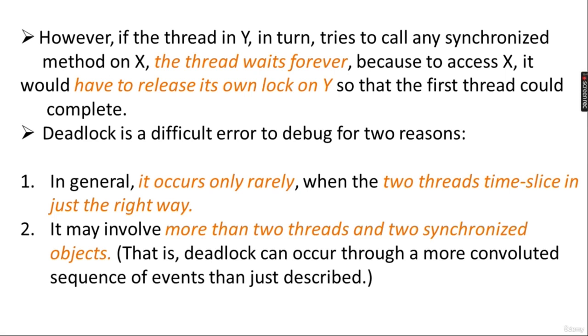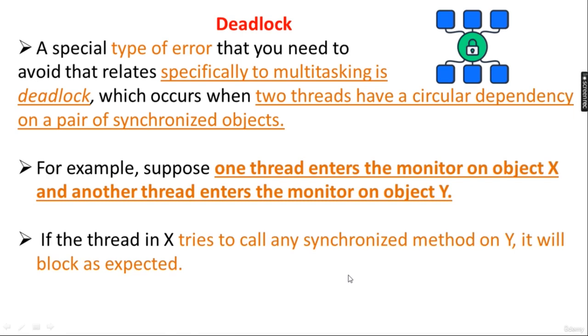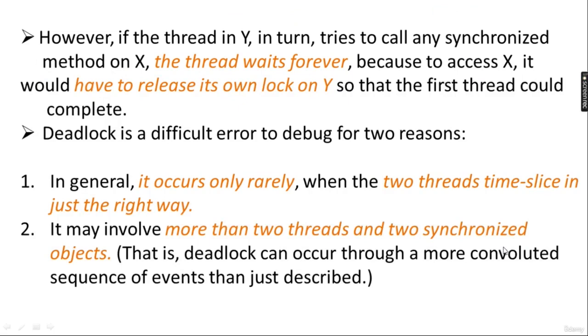This means that X is waiting for the synchronized method on Y. At the same time, Y is also waiting for the synchronized method in X. But to access the X synchronized method, it has to first release its own lock, so that X will complete and come out of its monitor, and then Y can have access to it.